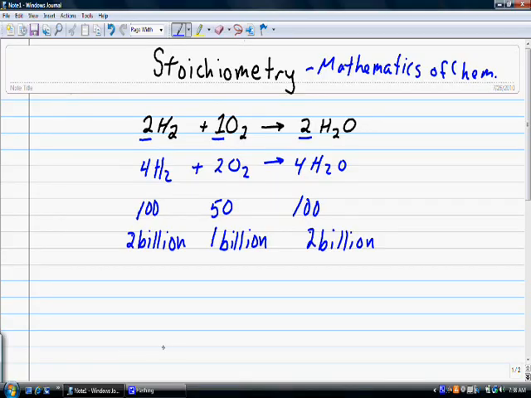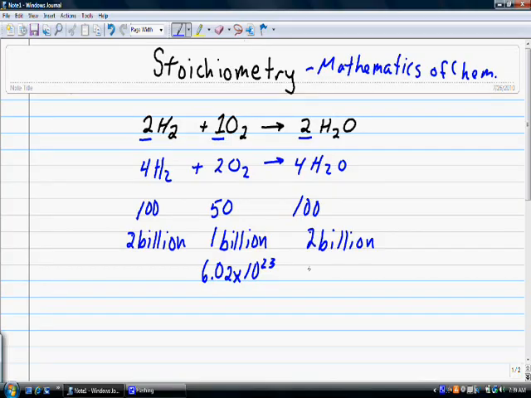And as you might imagine, if I work with 6.02 times 10 to the 23rd molecules of oxygen, how much water would I need for that? Or how much water could be produced?